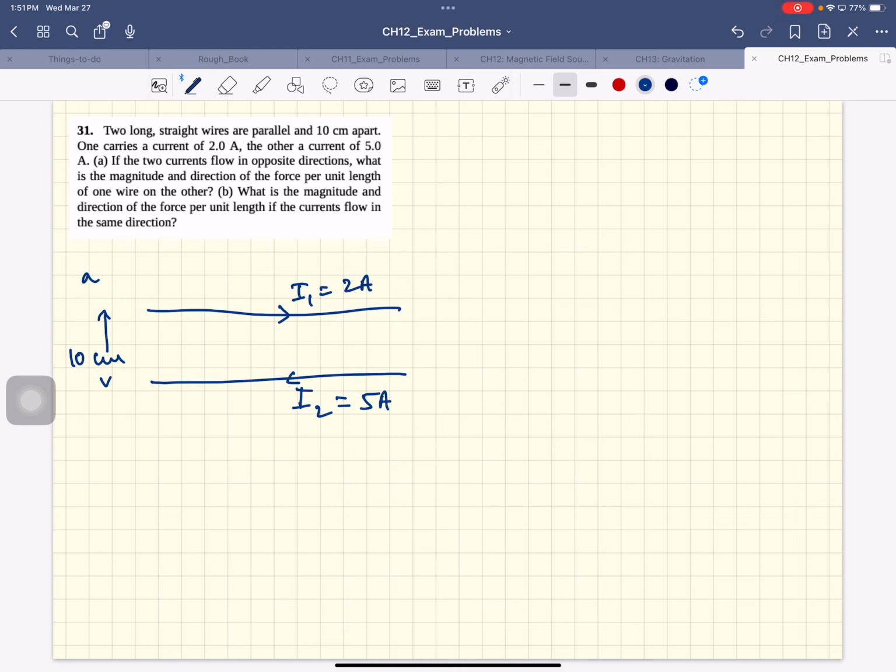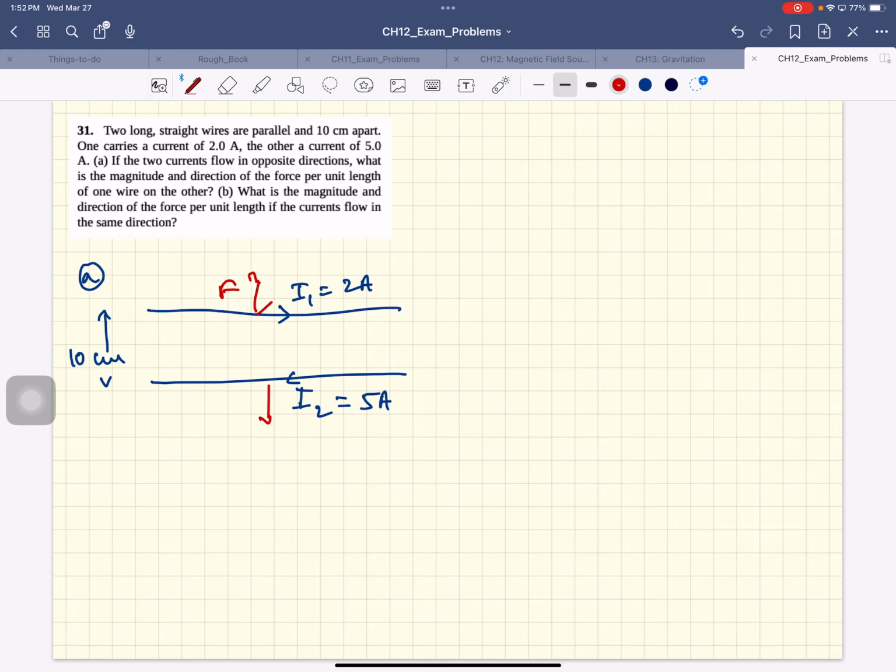You saw that if the currents are in the same direction, they attract each other, and if they're in opposite directions, they repel each other. And you can figure this out easily. For this guy, you figure out the magnetic field produced by the other one there.